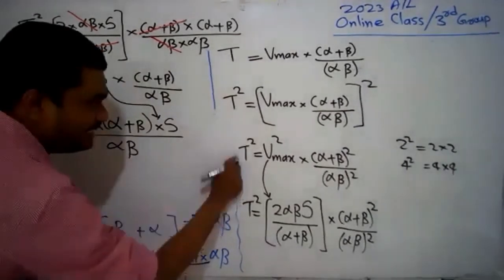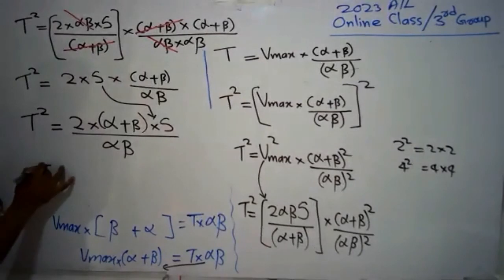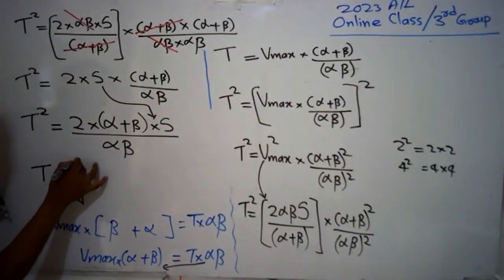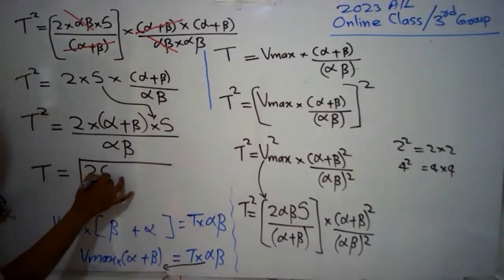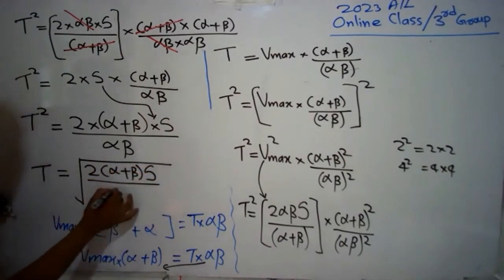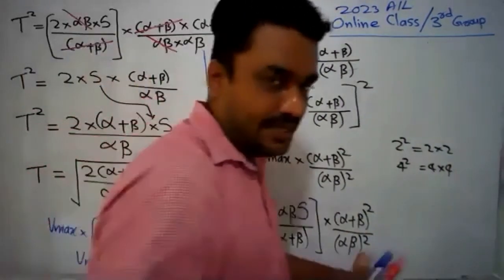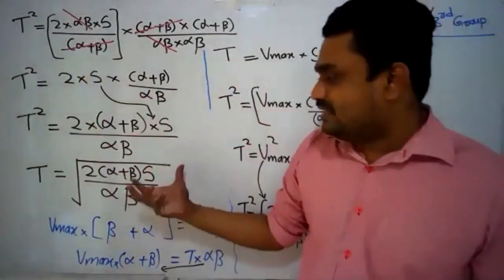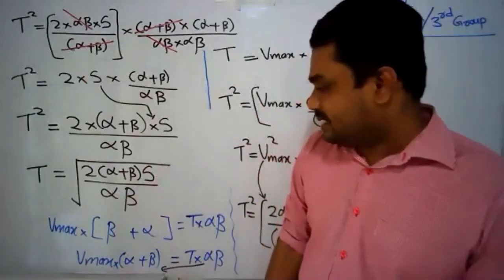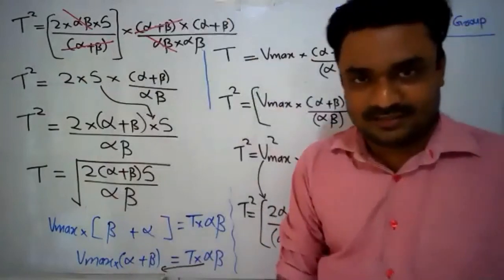We want to obtain T, therefore we should take the square root. So then T equals square root of 2 times alpha plus beta into S divided by alpha beta. So T is the total time taken. They have asked us to obtain this expression for the total time taken. We did it. So please be happy. Write them all quick.